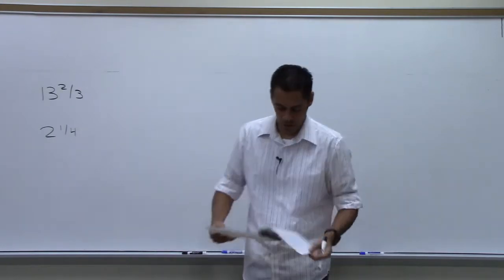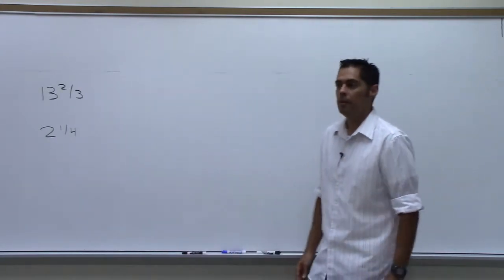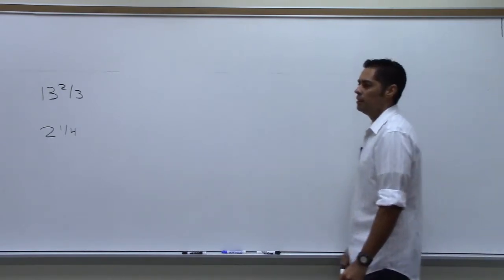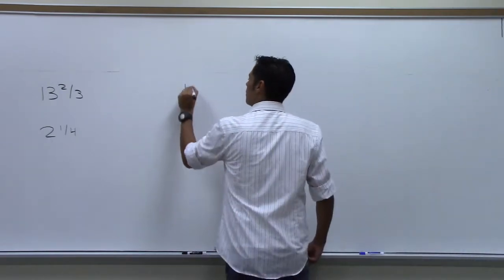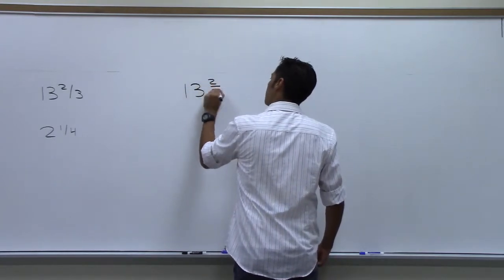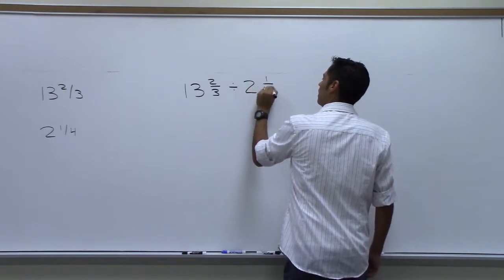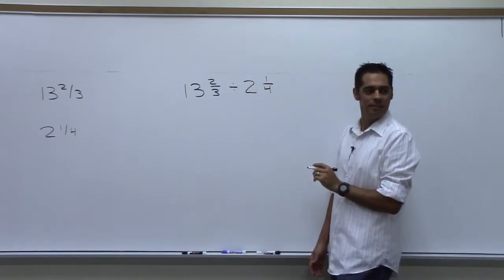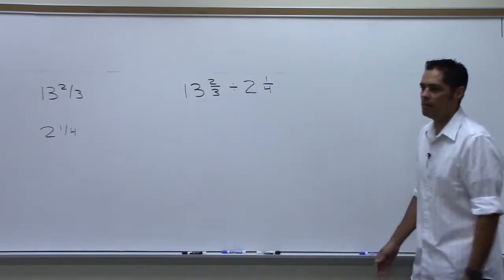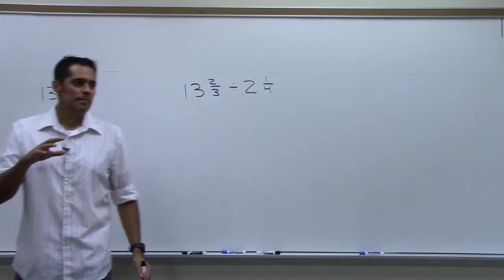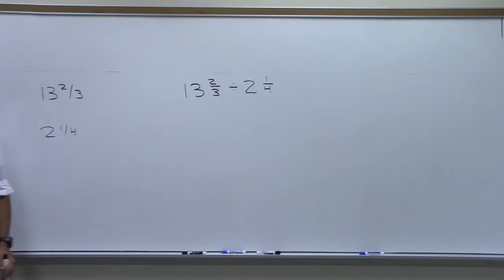So what's your thought here? What are we going to be doing? Divide? So which way? 13 2/3 divided by 2 1/4. That seems reasonable. Anybody disagree? Anybody agree? Okay, that looks right. Now, anytime you're faced with a word problem, I always recommend that if all these numbers are messing you up, just change them to numbers that make more sense and then come up with some logical way of doing it.